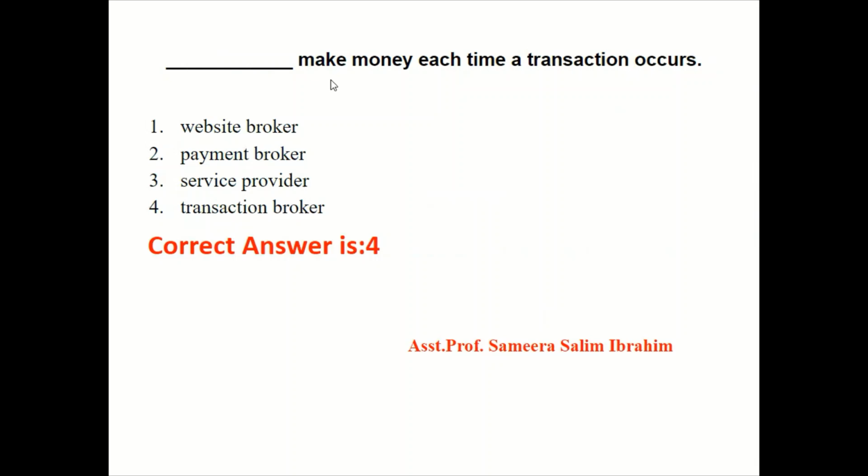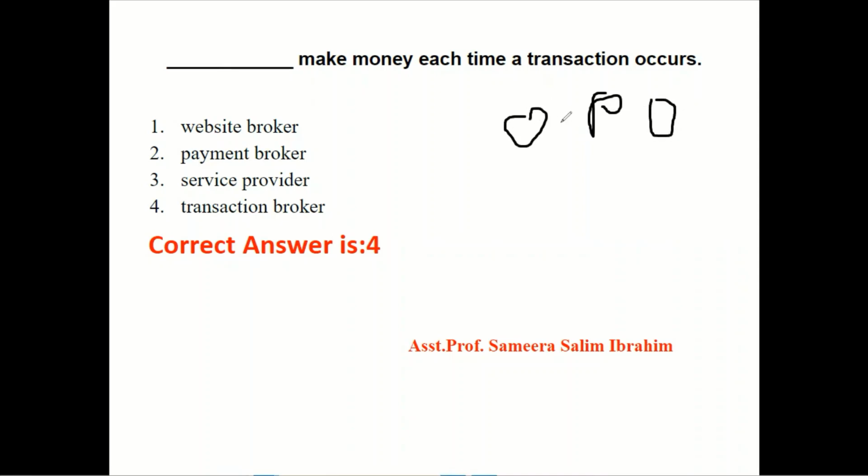Dash makes money each time a transaction occurs. Whenever a transaction occurs, dash makes money. If you talk about Paytm, Paytm is a transaction broker. Whenever two persons are doing a transaction, suppose I'm buying something and sending money through Paytm to the receiver, the shopkeeper, the transaction broker is going to get a minimum amount of money.